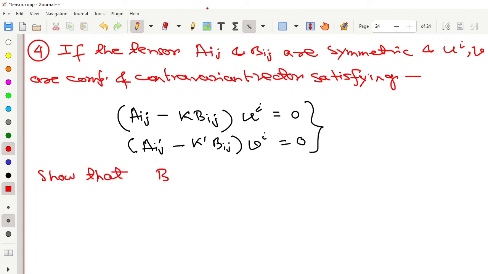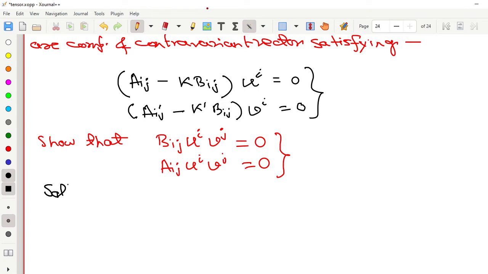So that Bij ui vj equals 0, Aij ui vj equals 0. You have to use a technique, it is not difficult, believe me. Once I solve it, it appears easy to you, but you need to know the technique for the first time. That is what I will do for you.